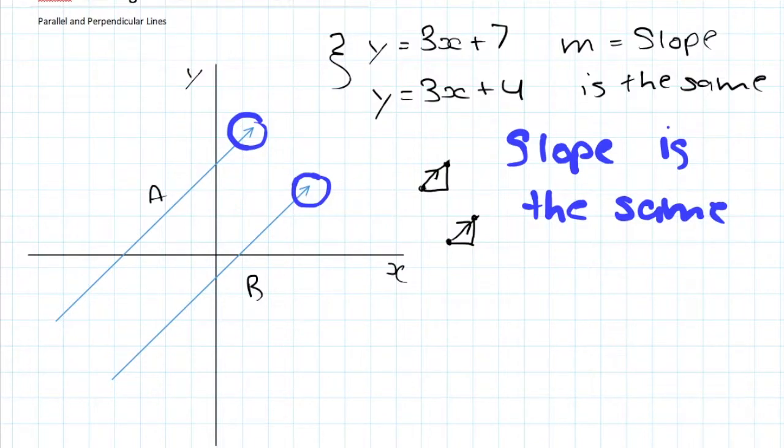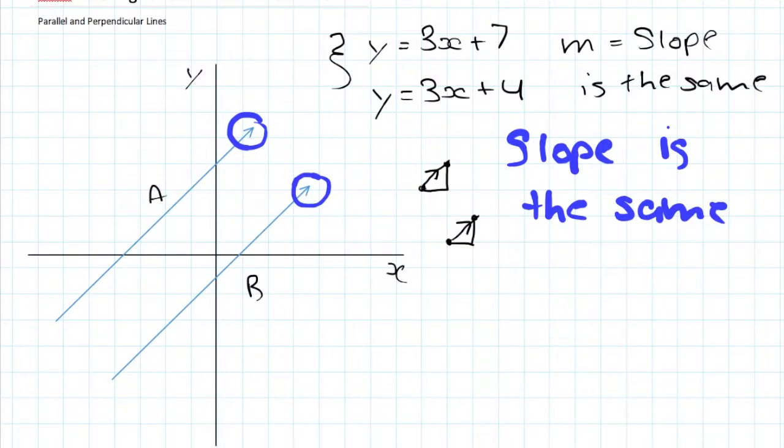Now some of you may be asking, what about the y-intercept? In this case, the y-intercept doesn't really matter. You can look at the y-intercept as basically just the starting value of the line, and with my previous example, you can really see that the slope has an impact on whether the line is parallel or not, and the y-intercept really has nothing to do with it.